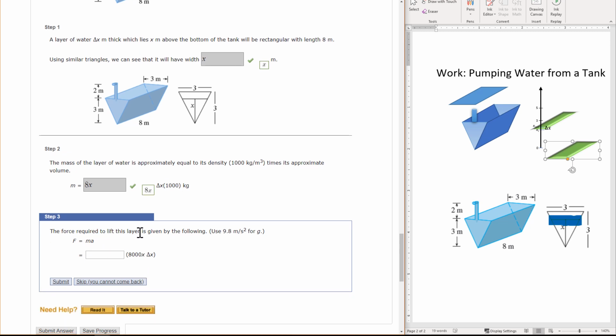The force required to lift this one slab of water is going to be the mass times acceleration. The mass is 8x delta x times 1,000, so that's 8,000x delta x. Then we're going to multiply it by the gravitational pull. It looks like that's all we're going to need: 9.8.